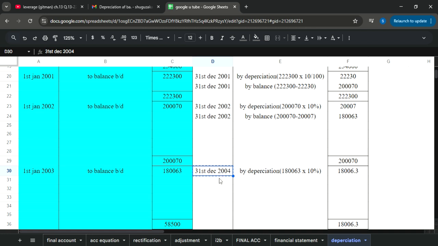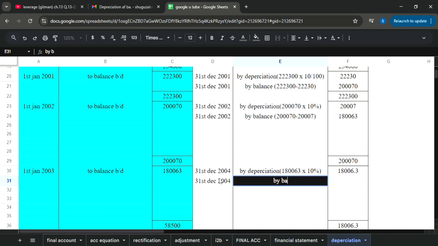So here the first date would be mentioned, and for the balance, the simple method is to just subtract this amount of depreciation from the value of asset. 18,063, and you will subtract the amount of depreciation, which is 18,006.3. We are mentioning it.